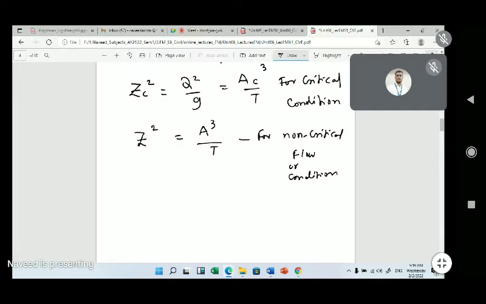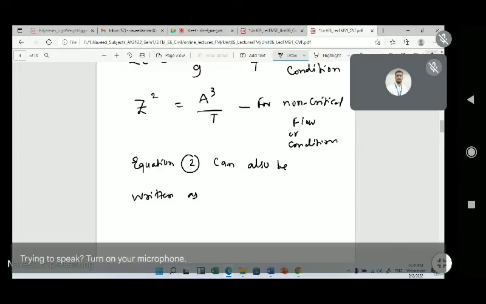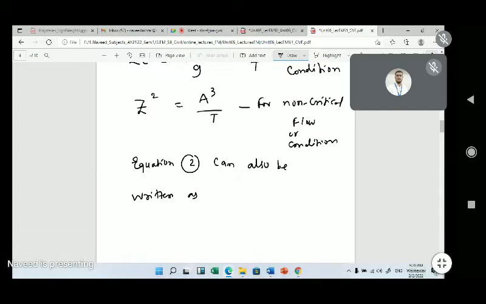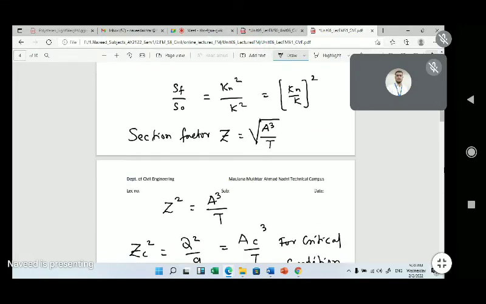The equation 2 can also be written as Q square T upon G A cube, which is nothing but the ratio of ZC square upon Z square.